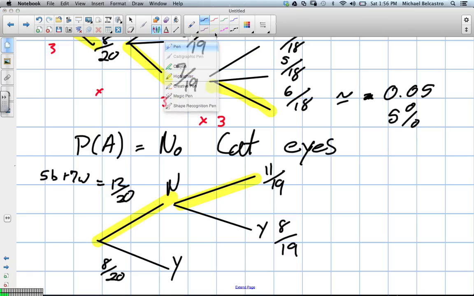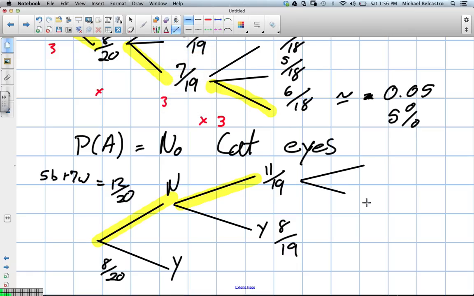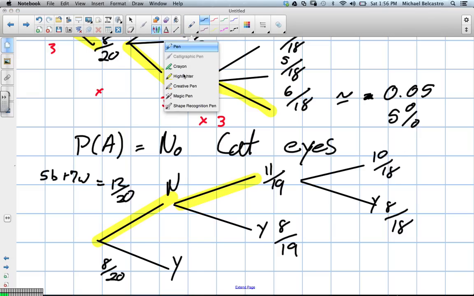And then finally in round 3, we still have 2 choices. We can either grab a cat eye or we don't grab a cat eye. And probability of grabbing a cat eye is increased again to 8 out of 18. And the probability of not grabbing a cat eye is dropped to 10 out of 18. And it changes every time because we're not putting the marbles back in, right?